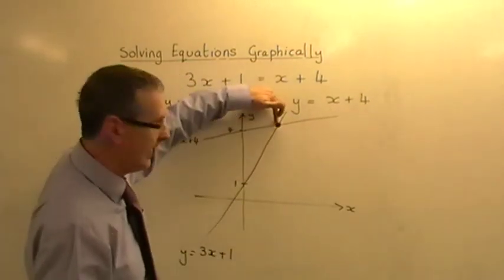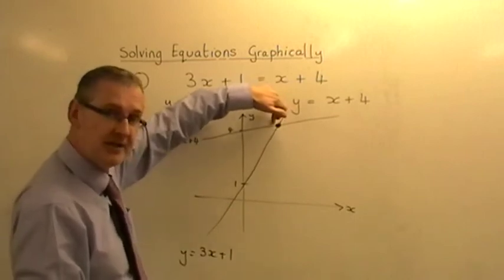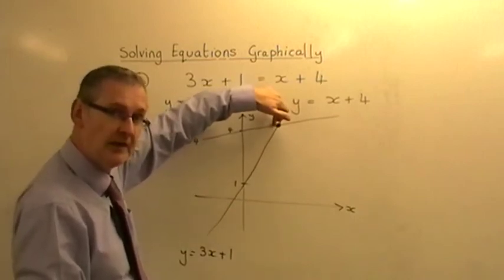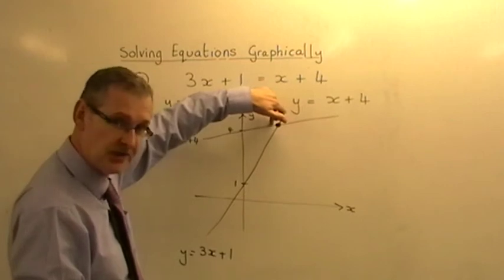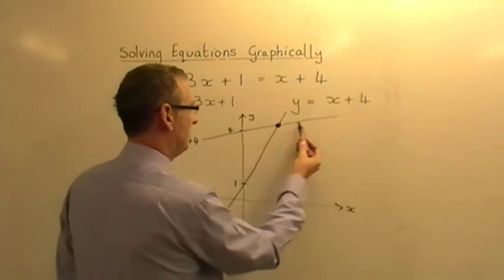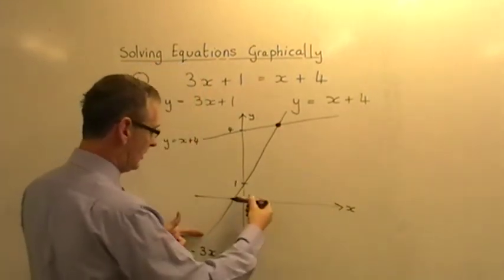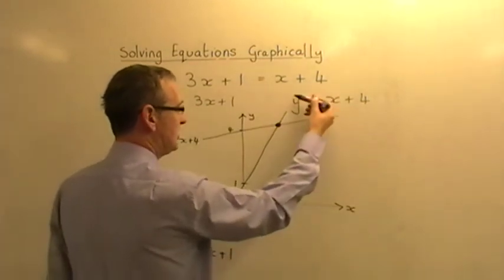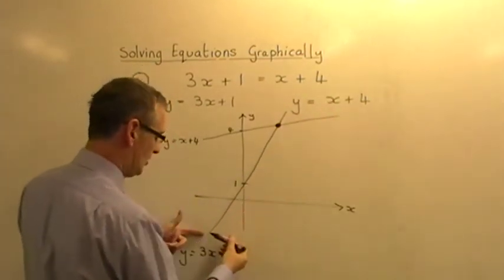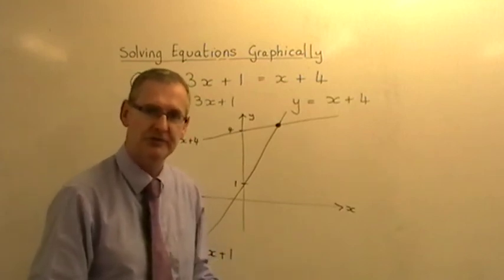Now that point there lies on both lines. So that must mean this point here must have a y coordinate that is the same as the x coordinate plus 4. And it must also have a y coordinate which is the same as 3 times the x coordinate plus 1, because it obeys both of those equation rules.